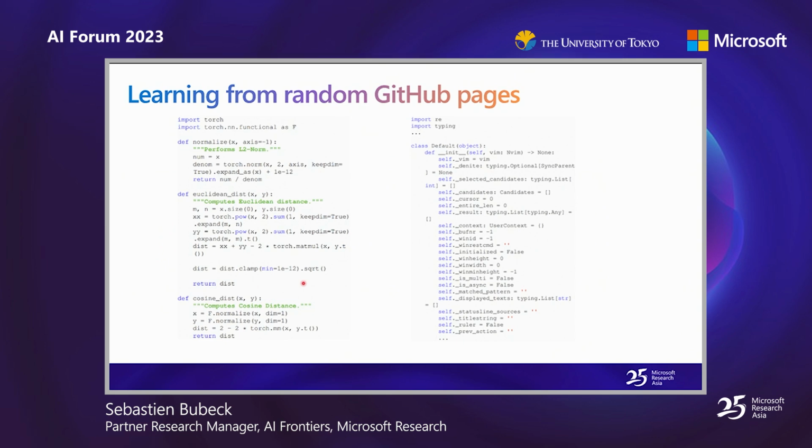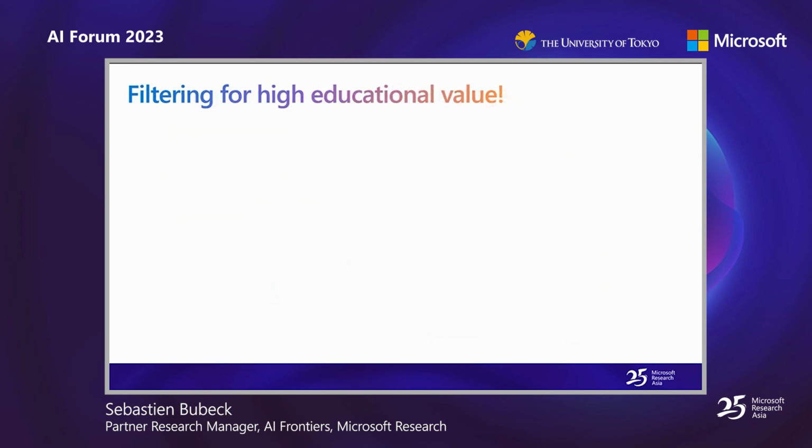Okay, but there is a question: how do you filter? How do you select for this left? This left piece, I'm saying textbook material, but what does textbook material mean? And this is where GPT-4 comes in. We have this incredible tool that has just arrived on planet Earth, right?